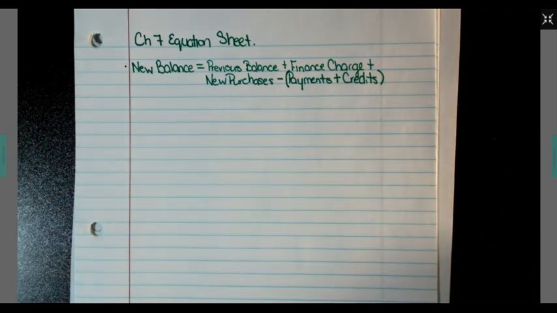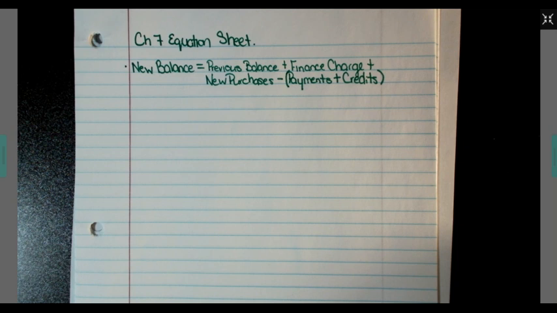So let's talk about the definitions. Credit card. A card authorizing purchases on credit. Charge account. An existing line of credit at the business that issued it. Account statement.